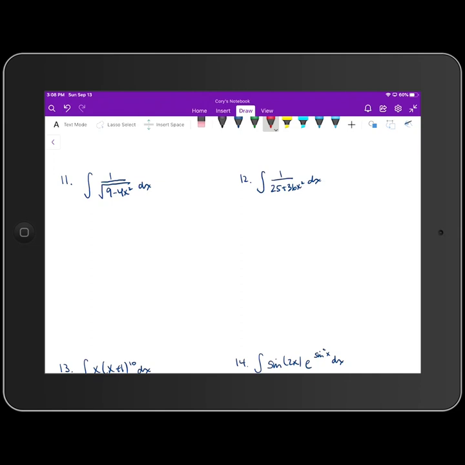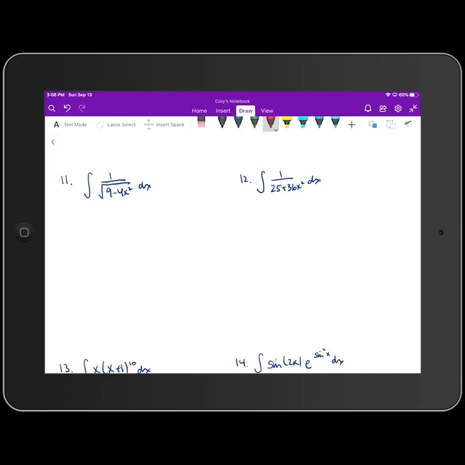So when that is the case, there is a special type of u-substitution that we're going to have to do. And again, this process is going to be exactly the same for inverse sine and inverse tangent.